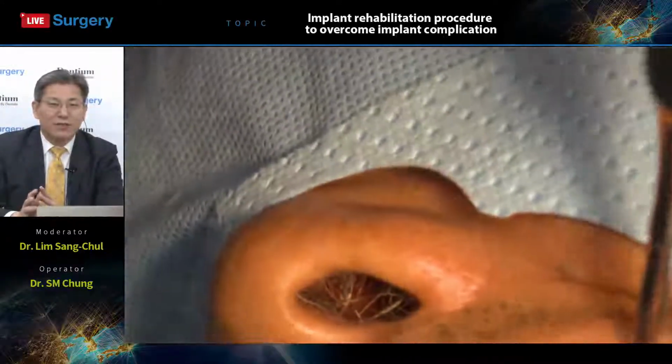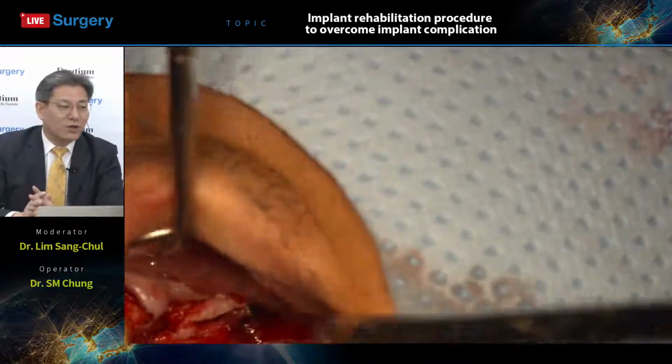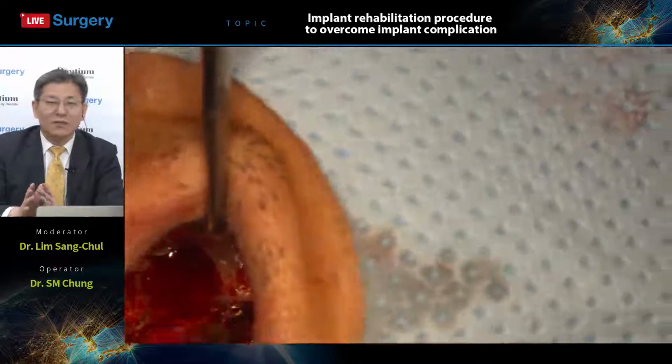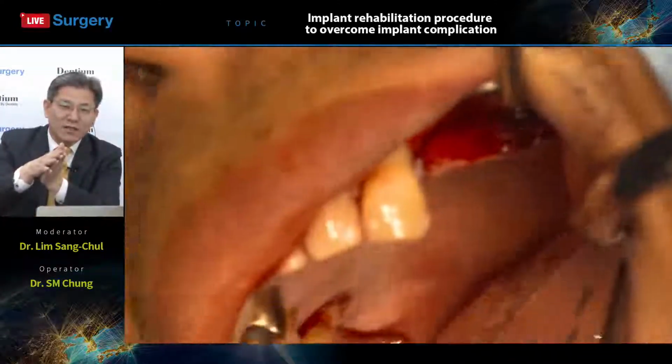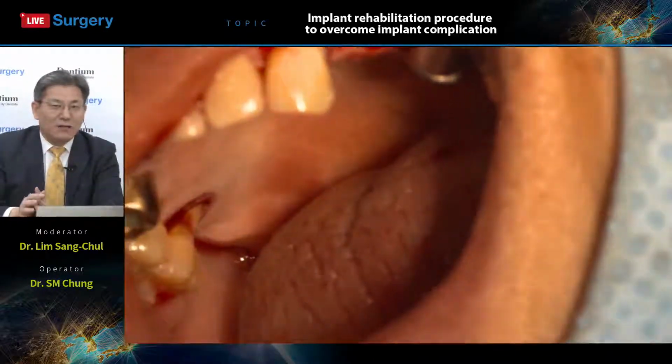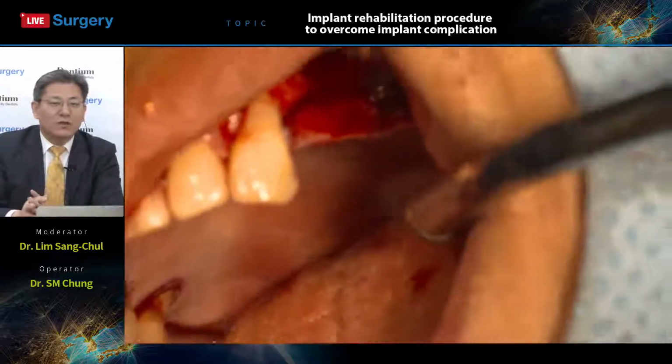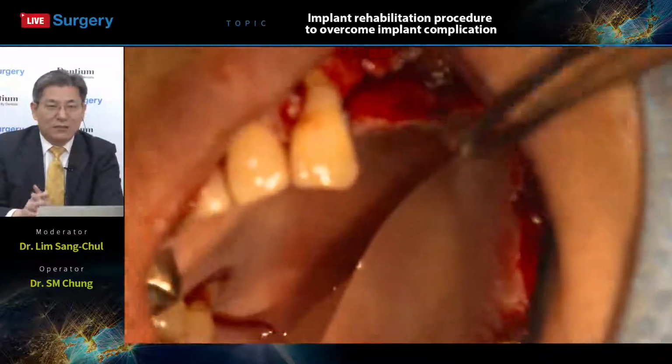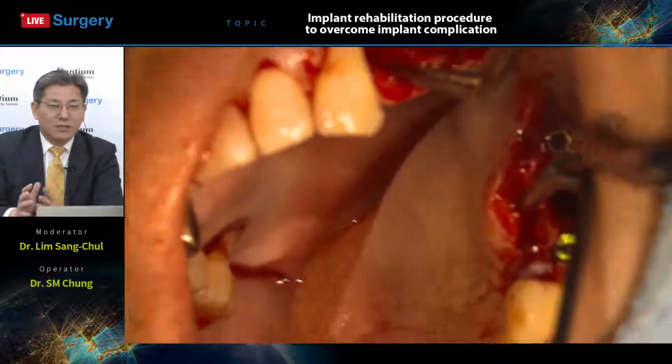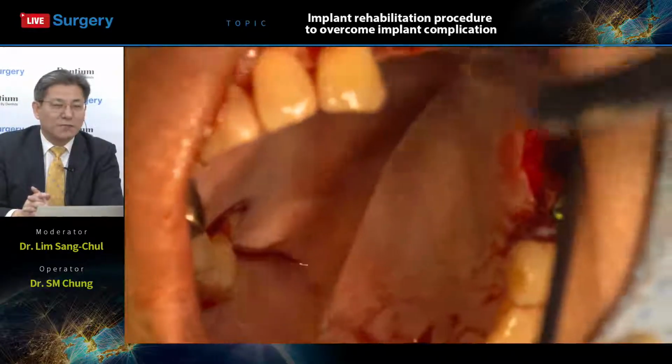It gives a better situation because this healing abutment contacts the bone surface directly. Also, this effect helps the implant stability, right?